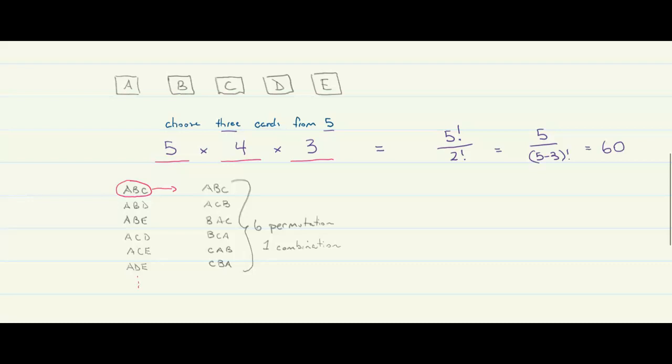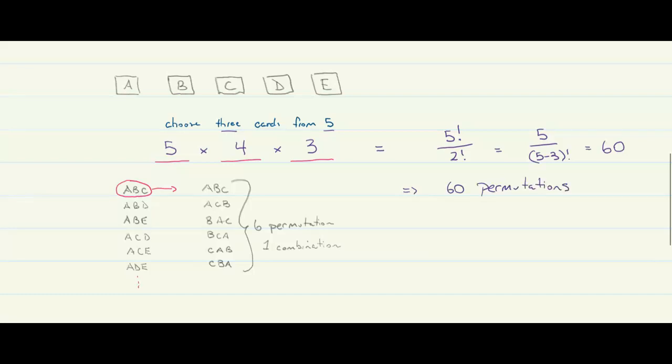So if I just pulled out BDE, then there would be 6 ways that BDE could be arranged in different order, 6 permutations, but only one combination. So if I'm interested in how many combinations there are, this 60 represents 60 permutations, because order is taken into account with these 60.